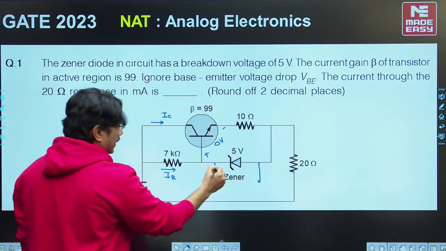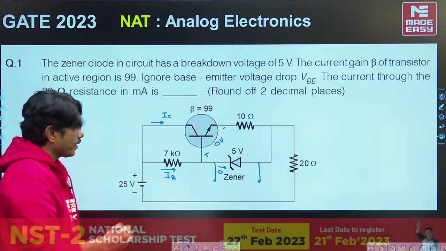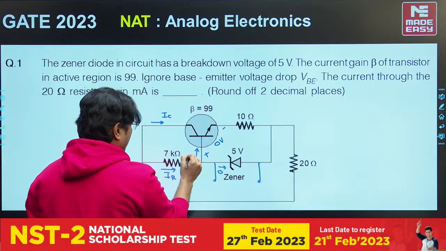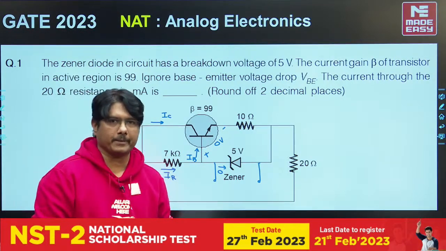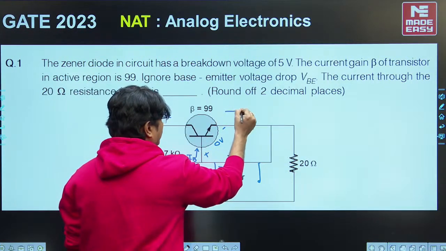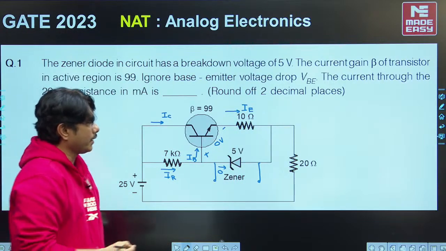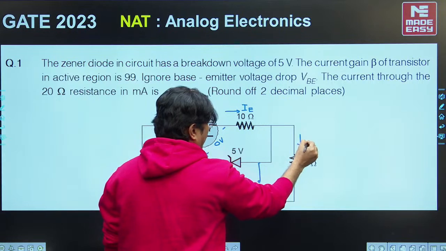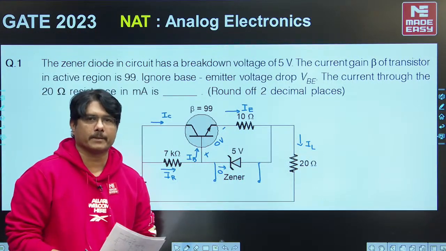This current cannot go to the Zener diode because I have taken open circuit there, and this current goes as IB. So here IR is equal to IB, and IB plus IC going to the 10 ohm resistor will be the IE current, and across the load we have a current IL. This is the situation when the Zener diode is open circuit.